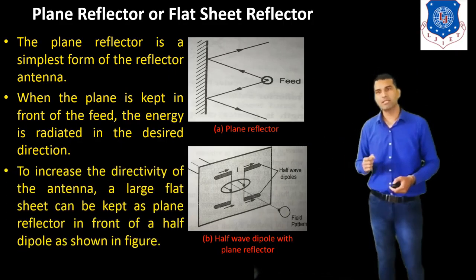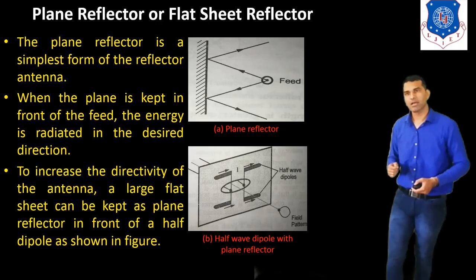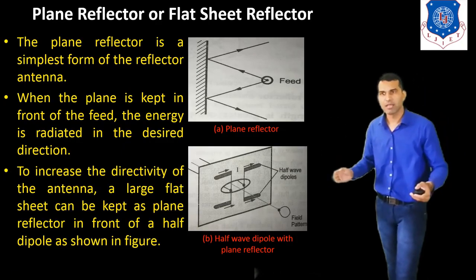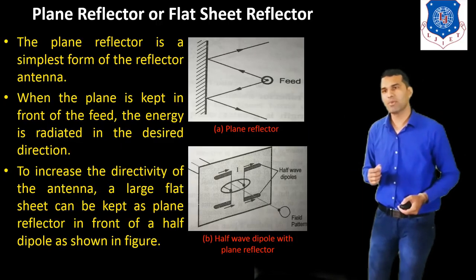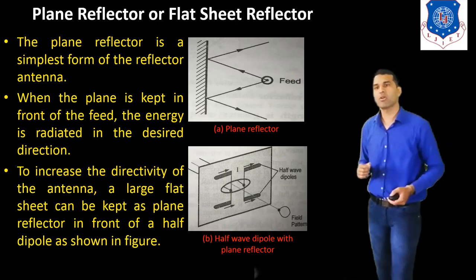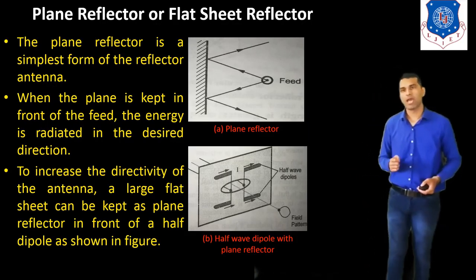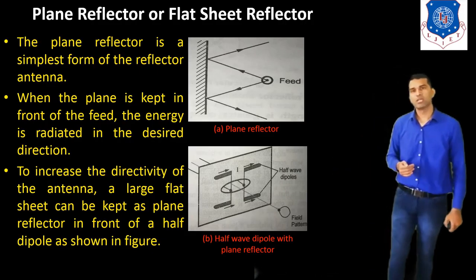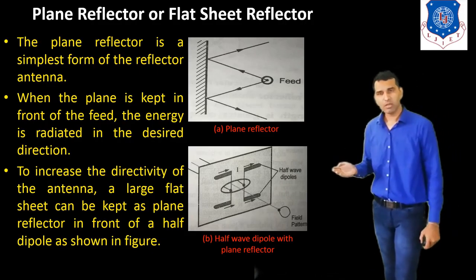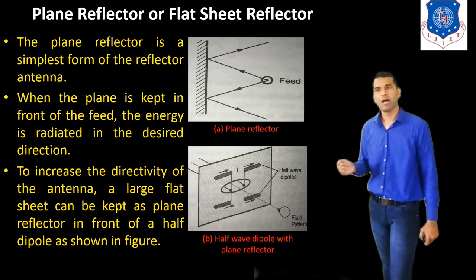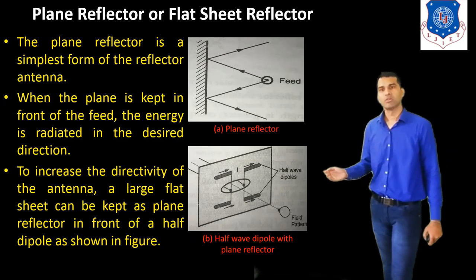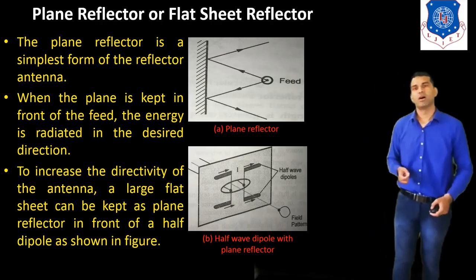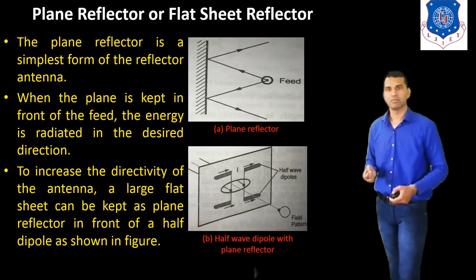To increase the directivity of the antenna, a large flat sheet can be kept as a plane reflector in front of a half wave dipole, as shown in this figure. Here in the primary antenna we have used the half wave dipole antenna. We can see this is a plane sheet reflector, and in front of that we have placed the half wave dipole antenna.